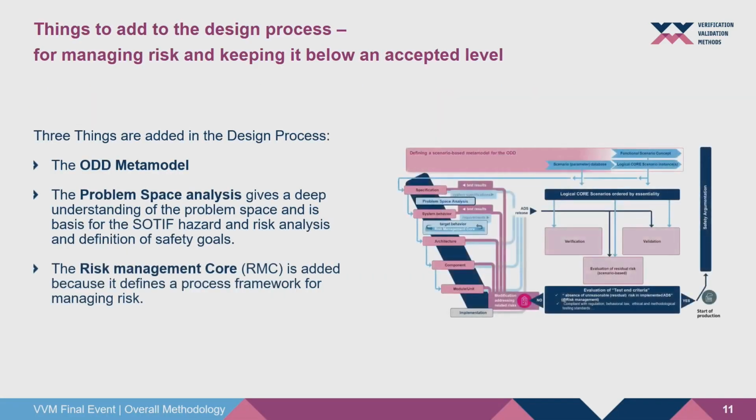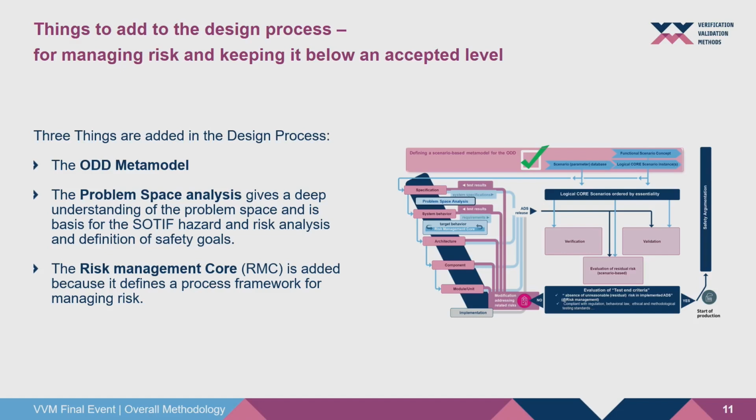So what do we have to the design? So the first thing is the ODD meta model. The next idea is to add a problem, we call it problem space analysis, which gives us a deep understanding about the problem space. So problem space here means the operational design domain and the customer function and the relation between them.